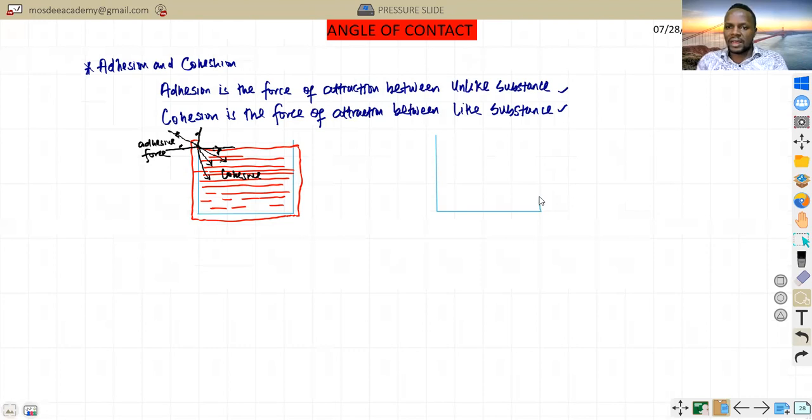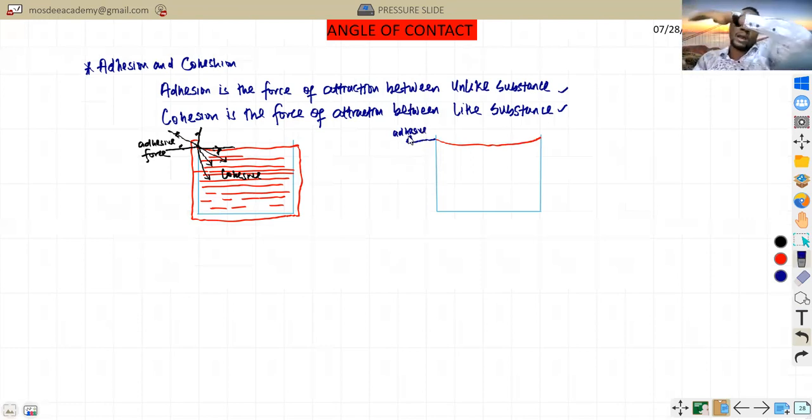This is the liquid layer, diagram not drawn to scale. All the adhesive forces act in this direction, every one of them acting along one line, in that direction.